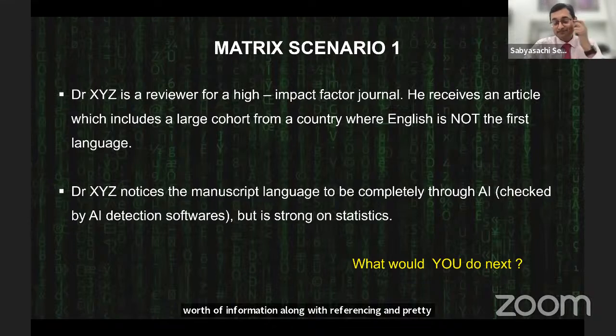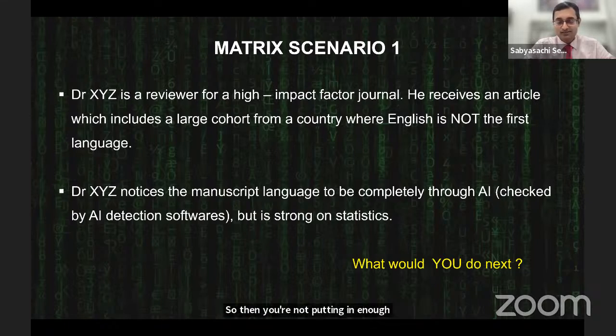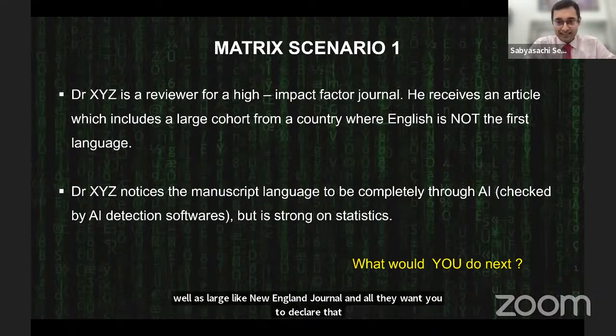I think that's cheating, because you're not putting in enough work by yourself. So it's hard to differentiate that, but if you have paraphrased it and not actually used a software, it's kind of okay. And a lot of journals, like the American Journal and British Journal of Ophthalmology, as well as the New England Journal, want you to declare that you have used some form of AI to paraphrase or improve the English language.